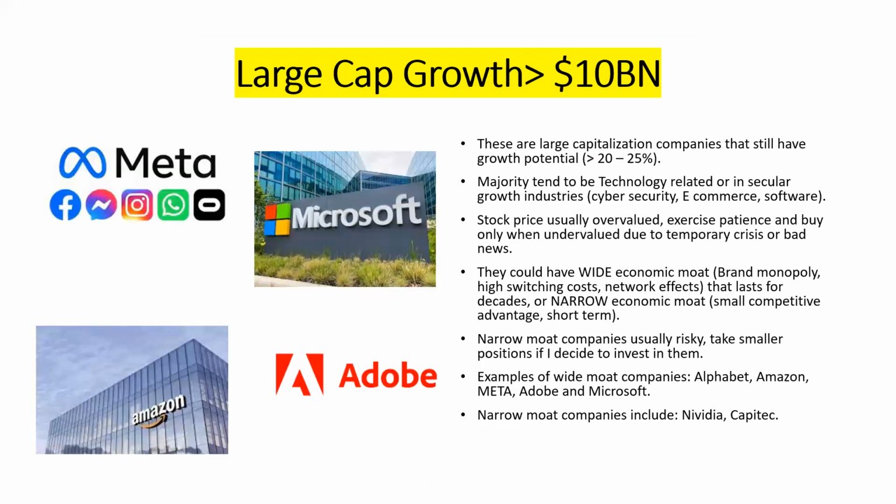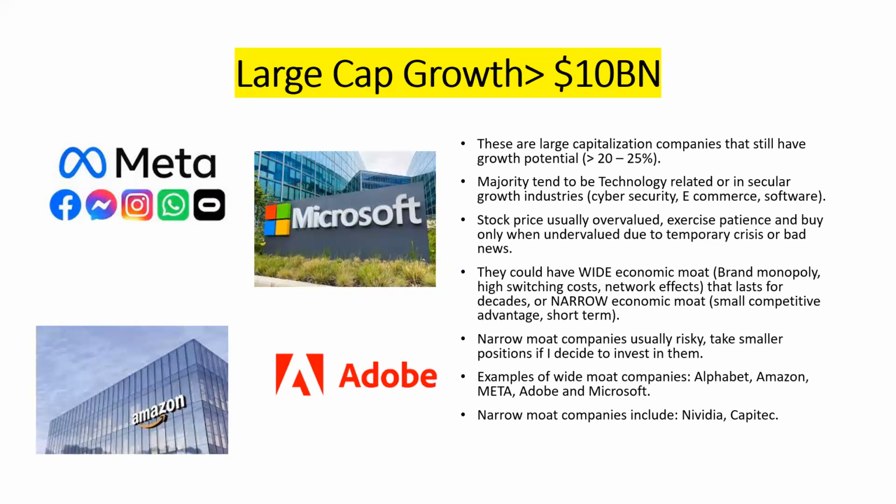Let's start off with large cap growth companies. These are companies which are valued at over $10 billion. These companies are still growing at growth rates of greater than 20 to 25% per annum.